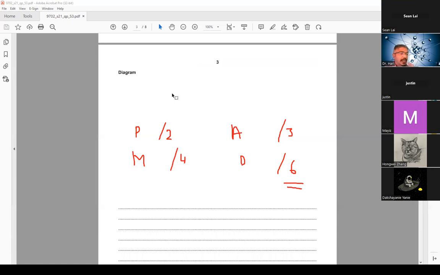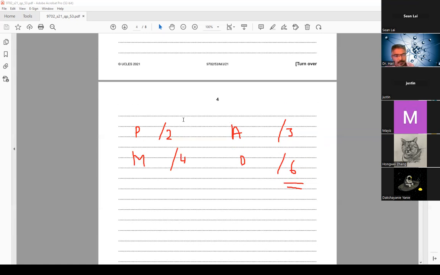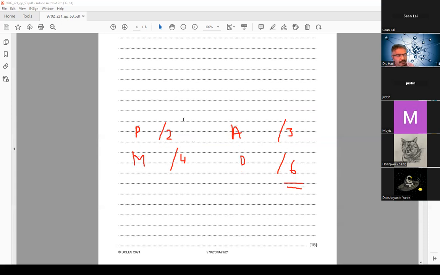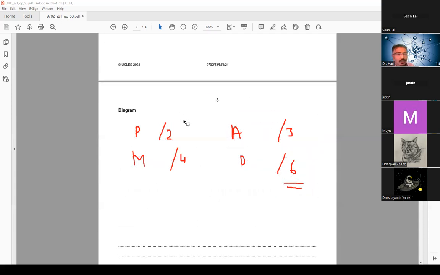Now, my advice is that you don't draw it out first. Don't draw the diagram, don't draw anything until you finish writing the whole procedure. You draw the diagram later.